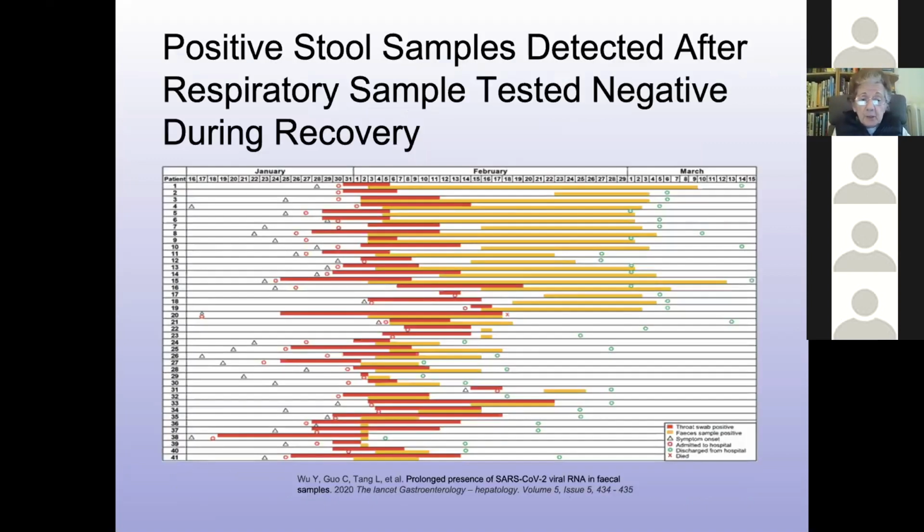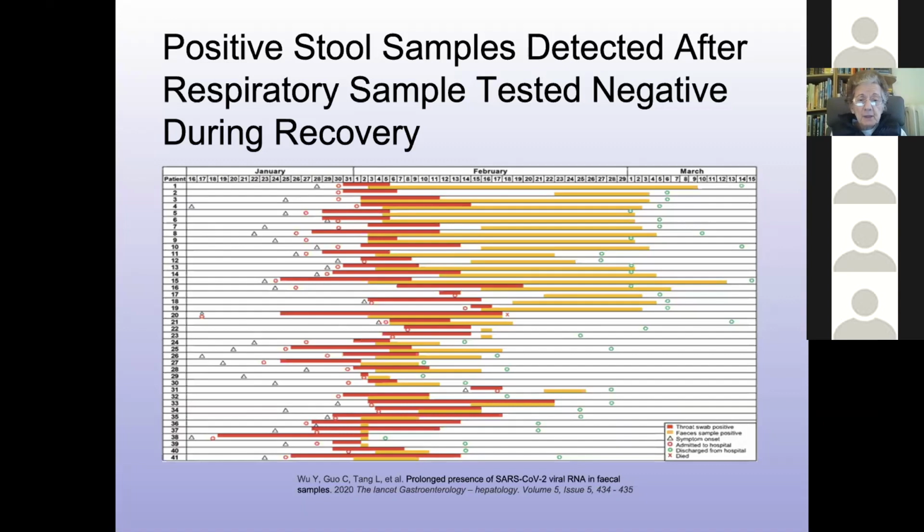Now this looks like a very complicated slide, but it really isn't. Vertically, you can see patients, 41 patients. Horizontally, the red shows the study, the clinical sample is positive, and the yellow-orange shows the positive fecal shedding.